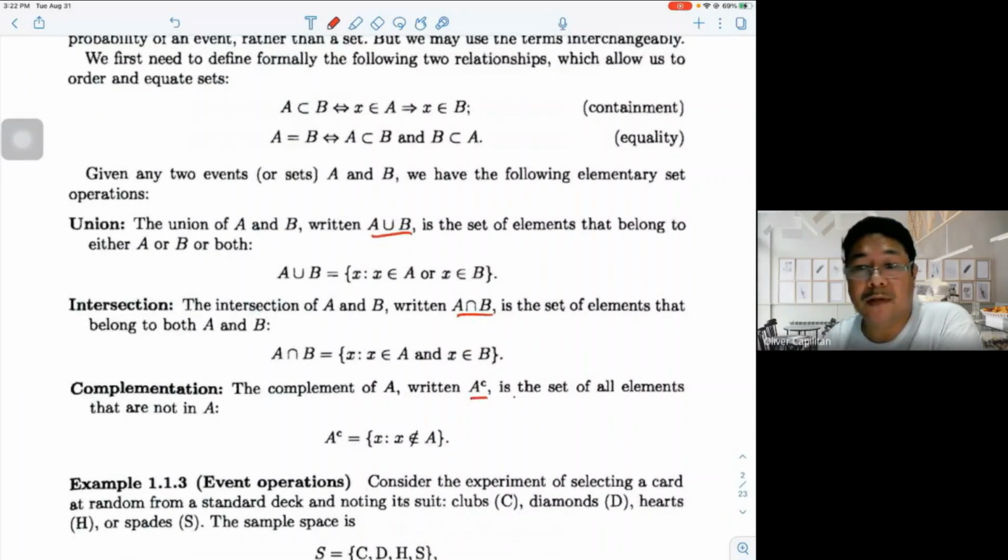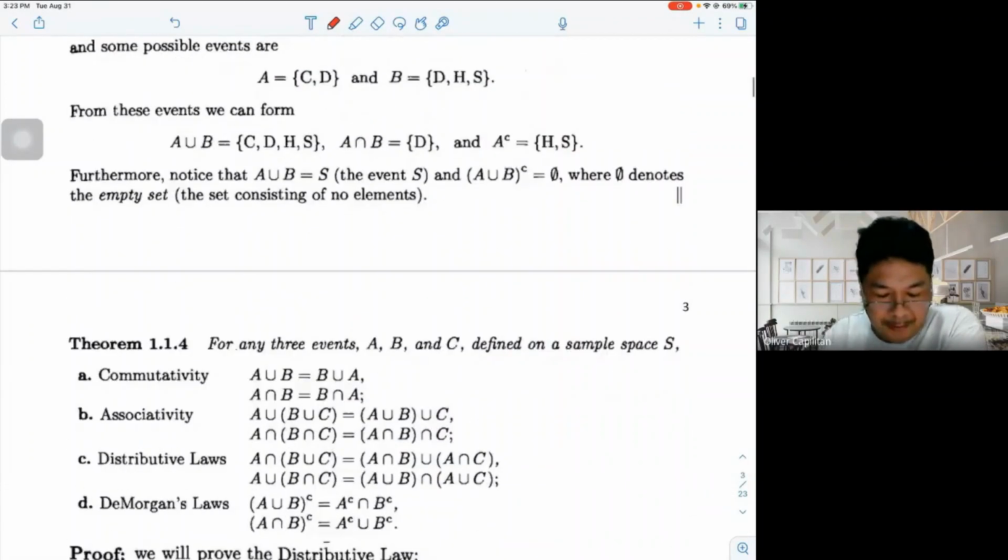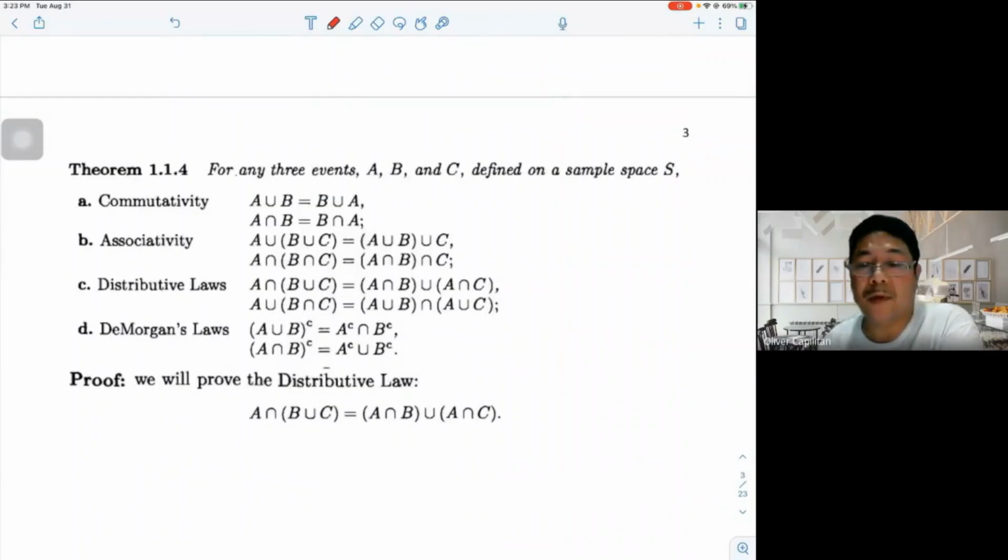Some books would denote it as A prime. And then we have some examples being illustrated for these set operations.